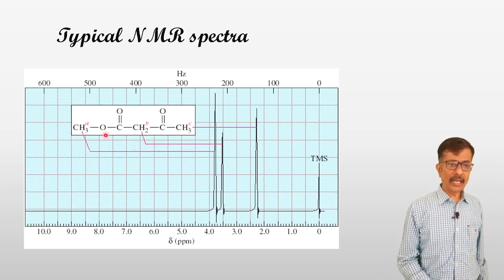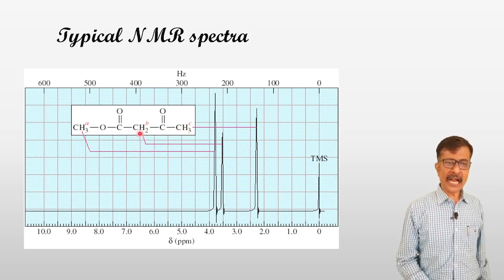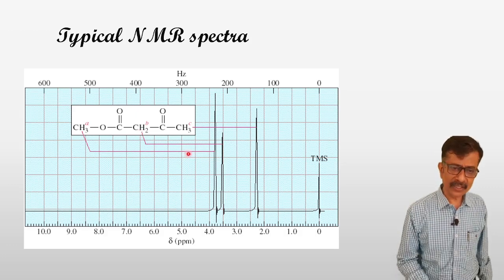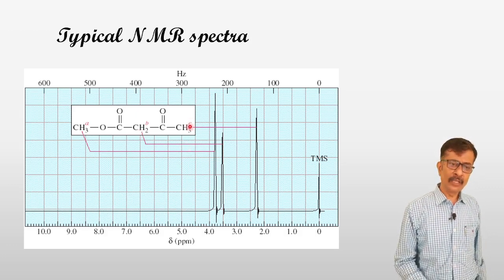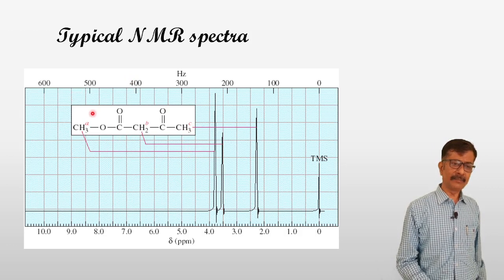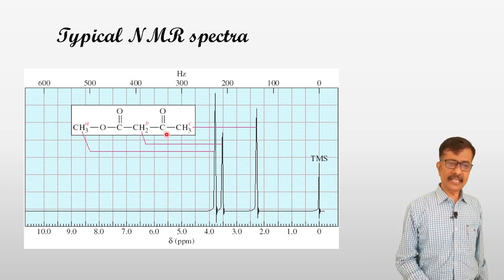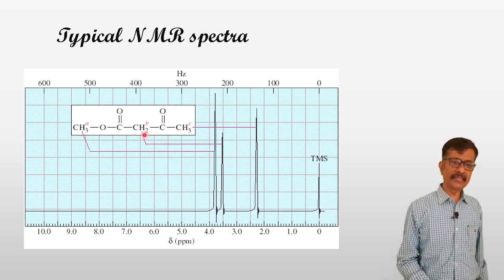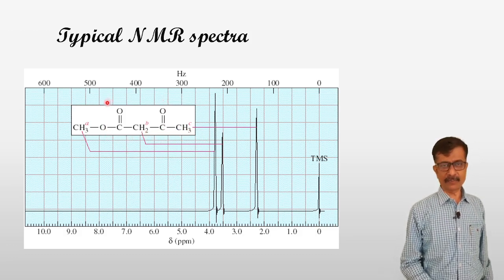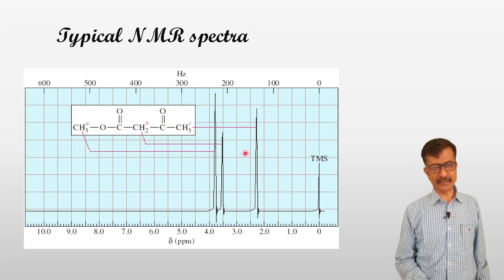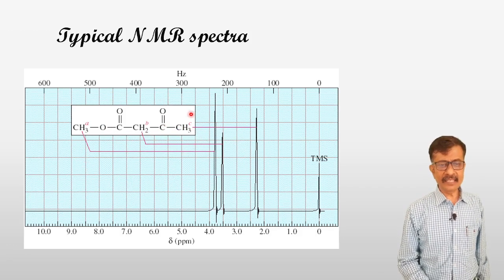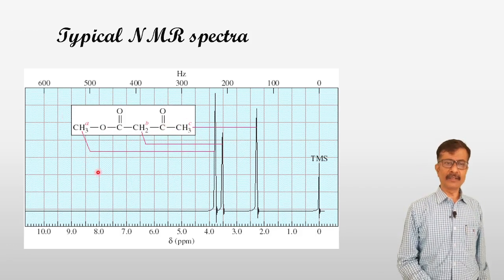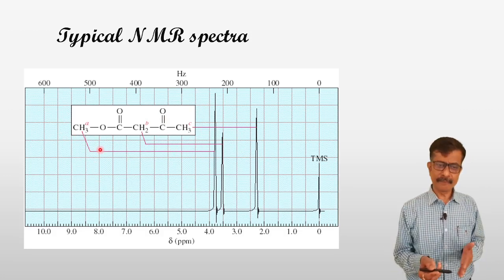So all 8 hydrogen atoms in this structure are divided into 3 chemical environments, because this CH3 is directly attached to oxygen, this CH3 is attached to a carbonyl group, and this CH2 is attached to another carbonyl group. These are in different chemical environments, because the electron density around these protons will differ because of their adjacent groups.